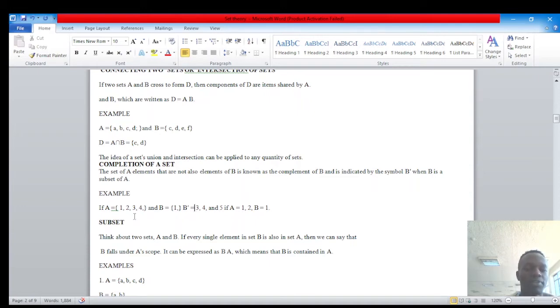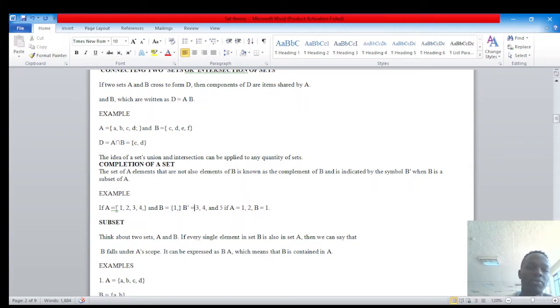The complement of set B: we look at what B contains, but A doesn't, and we remove them. What does B contain? B contains 1.